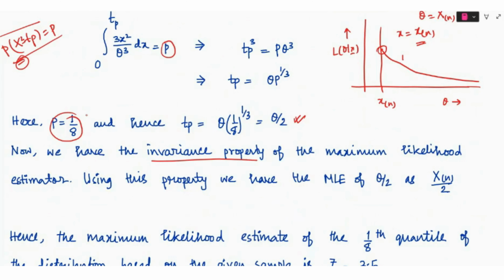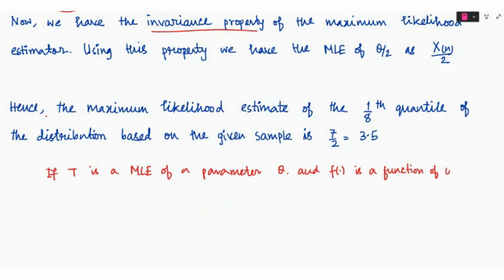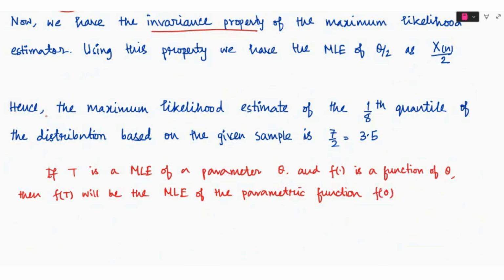It tells that if T is the MLE of a parameter theta, and f is a function of theta, then f(T) will be the MLE, that is the maximum likelihood estimator, of the parametric function f(theta).